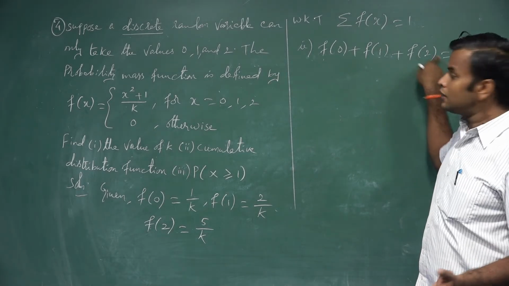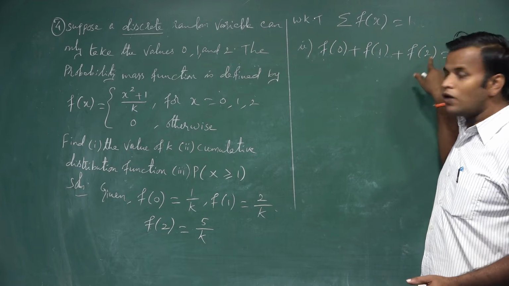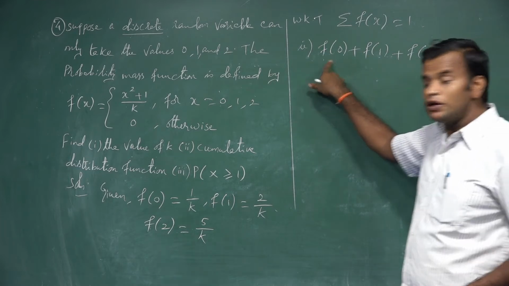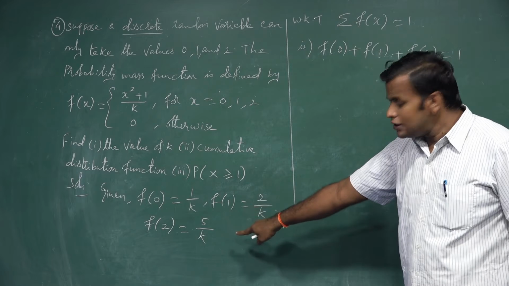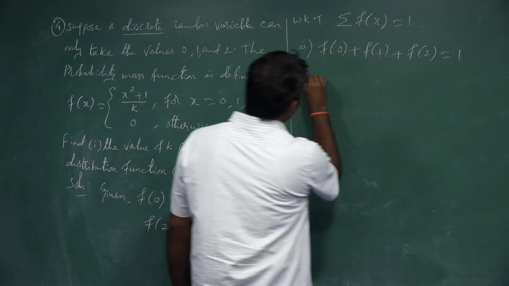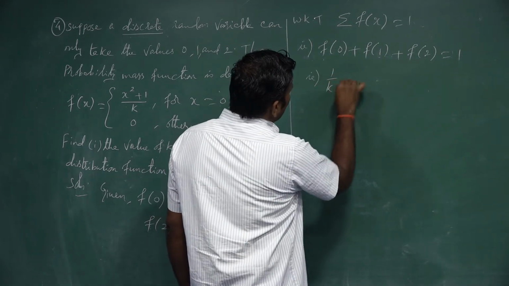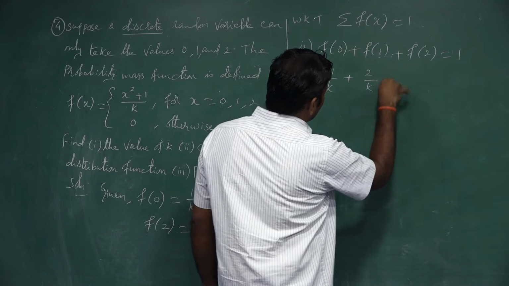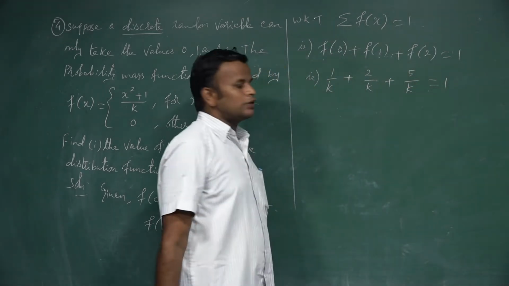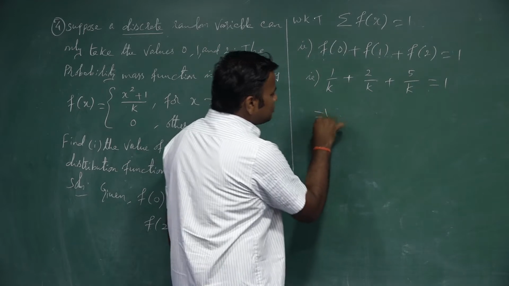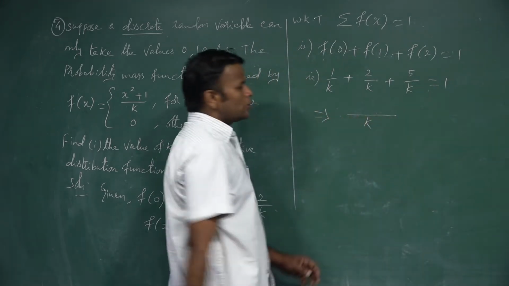Now we enter the values of f of 0, f of 1 and f of 2. We already found f of 0 is 1 by k, f of 1 is 2 by k and f of 2 is 5 by k. So 1 by k plus 2 by k plus 5 by k should be equal to 1. You see, in all the denominators k is common, so the whole is divided by k.